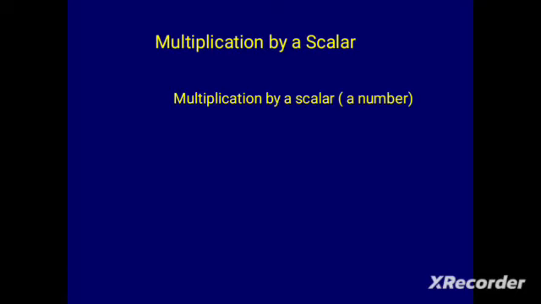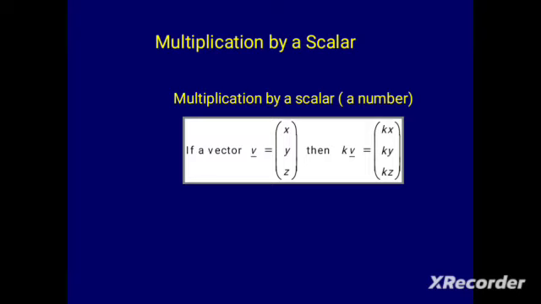Now the next part of this lesson is multiplication by a scalar. Multiplication of a vector by a scalar, whereby a scalar can be a number or any letter. Now if a vector v is given as (x, y, z), then vector kv is given as (kx, ky, kz).